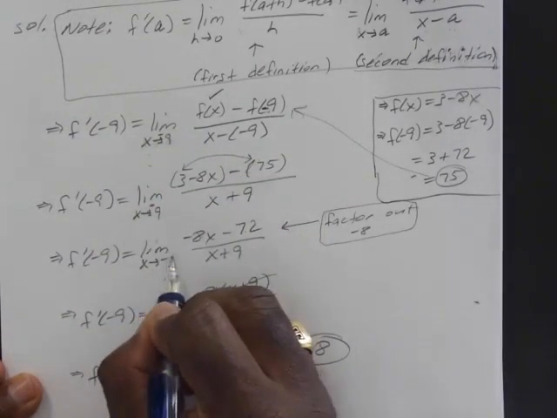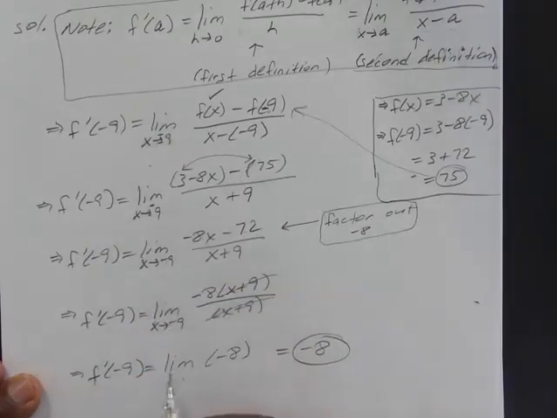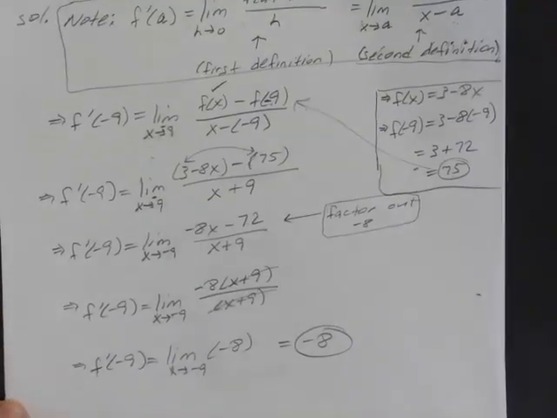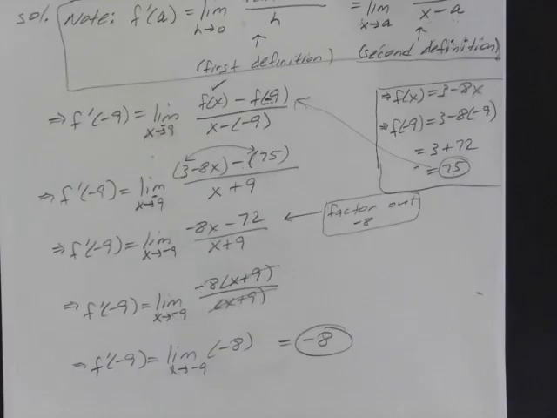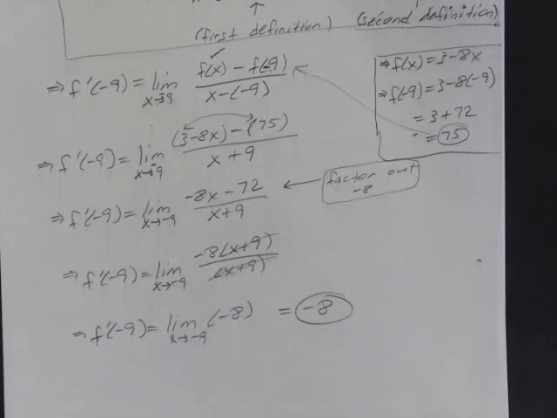X approaches negative 9 each time. There we go. So either h or x approaches a pretty much says the same thing. All right. Any questions on that one?